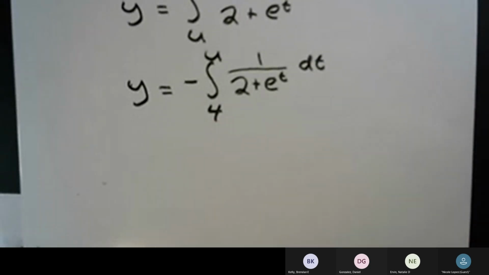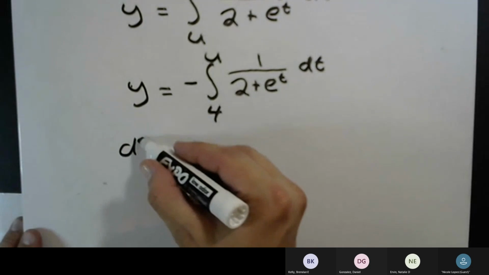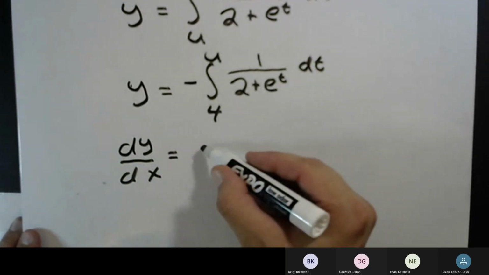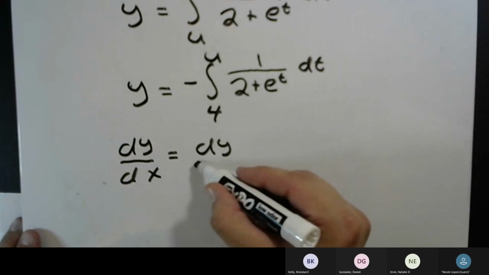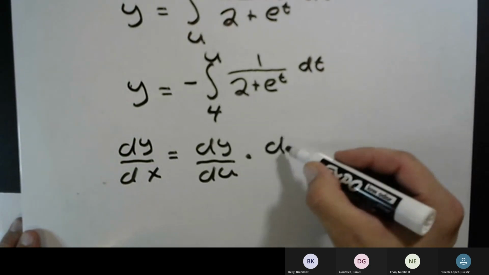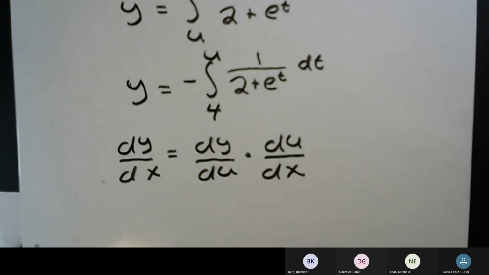Now we're going to compute the derivative with respect to x, but we've got a u in here. So by the chain rule, dy dx will be dy du times du dx.